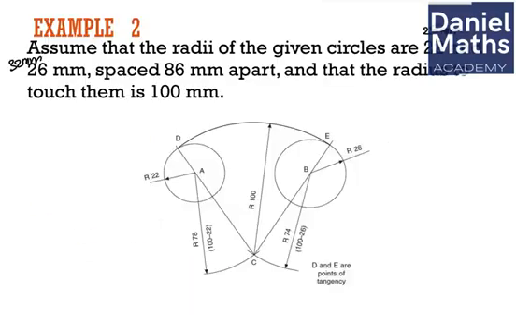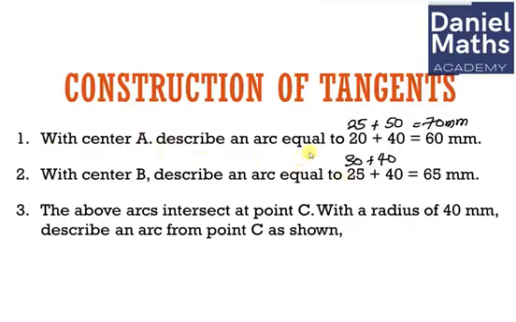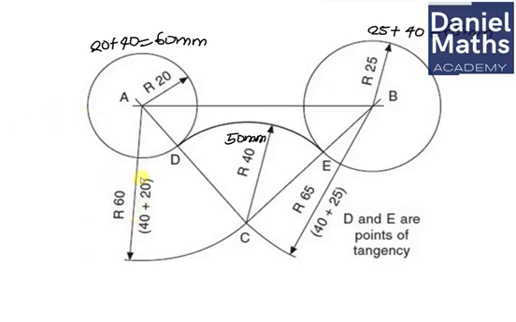Here, this is the first one we did. The first one we did was external. In external, please take note so you can follow the instruction here: we add the radius of the circle plus the radius of the arc.